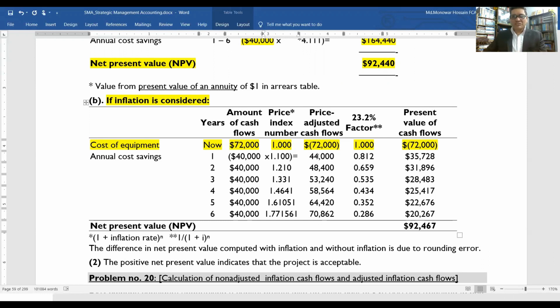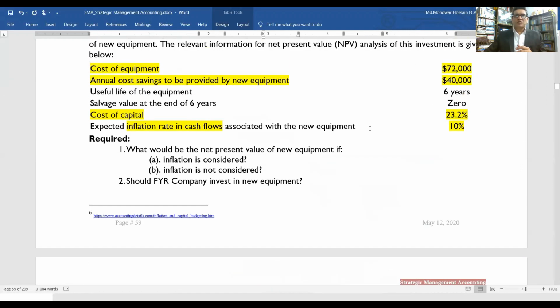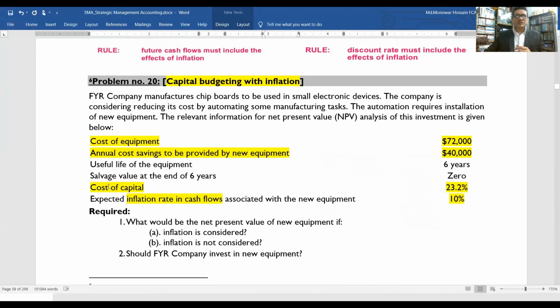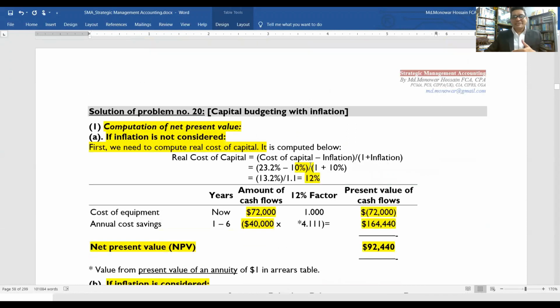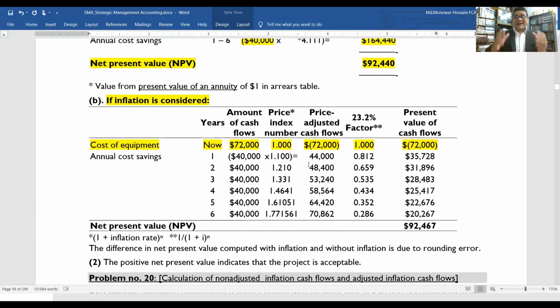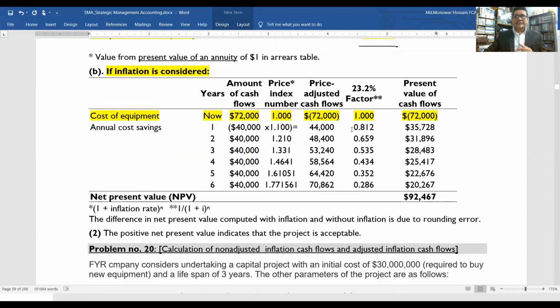With this 44,000 we use the PV factor at the cost of capital. Look in the question, the cost of capital is 23.2%. So 23.2% is the cost of capital factor.